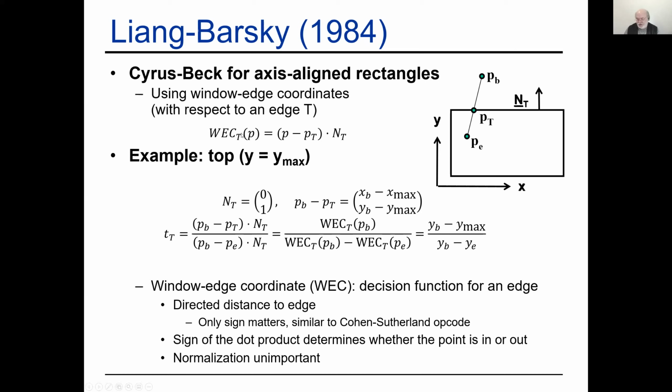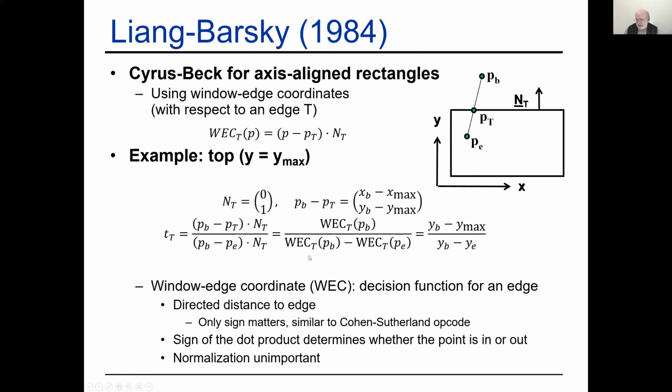And that works for any edges here. And now, of course, if these window edge functions, these window edge coordinates, are specialized for edges that are horizontal or vertical, then it's clear that they simplify to 1D problems.